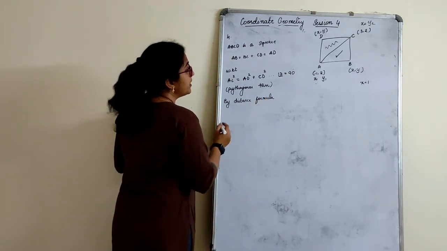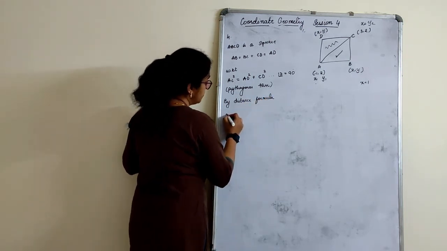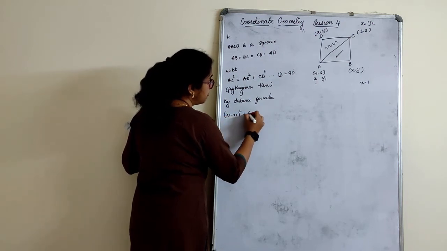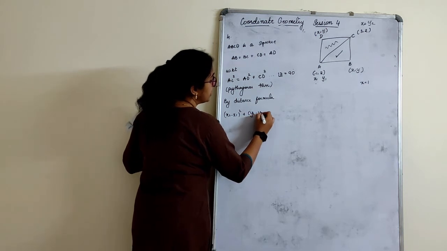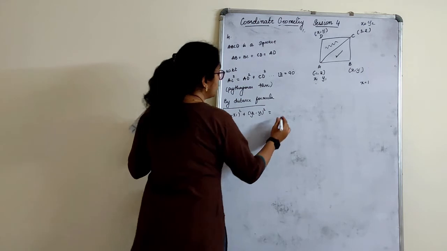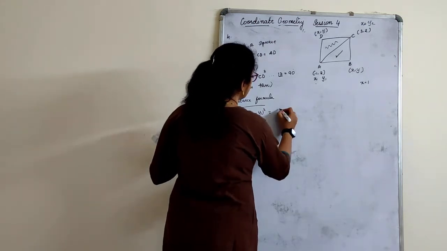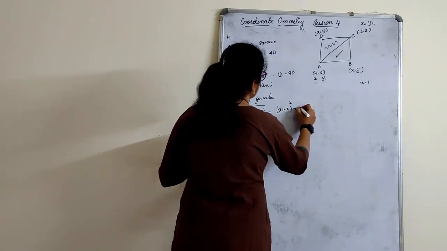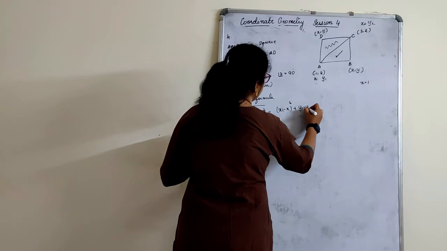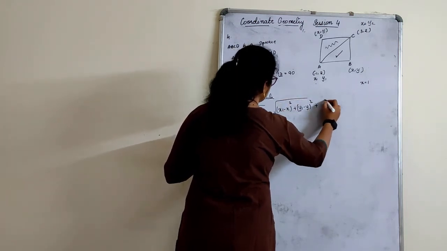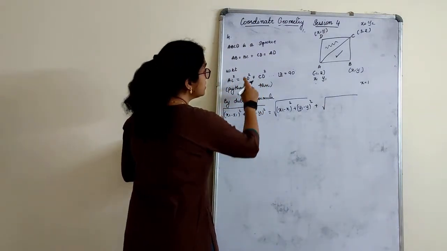So AC square, when you have to write this as x2 minus x1 whole square plus y2 minus y1 whole square, is equal to AD square, which is x1 minus x whole square plus y1 minus y whole square, plus the next one, CD square.